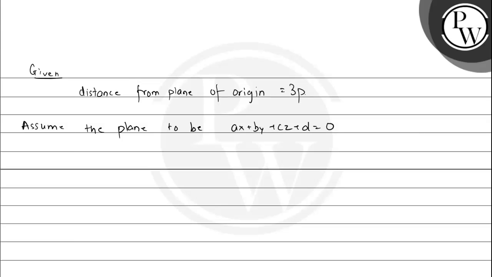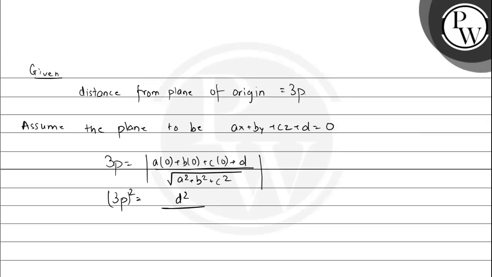If we use the distance formula, we should get 3p is equal to modulus of a times 0 plus b times 0 plus c times 0 plus d upon under root of a square plus b square plus c square. From here we get 3p whole square is equal to d square upon a square plus b square plus c square. This is our first equation.